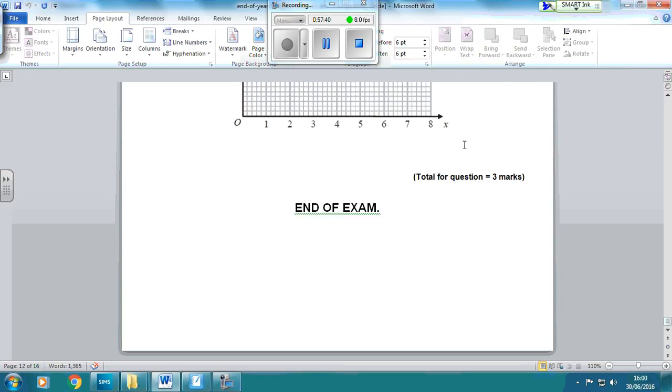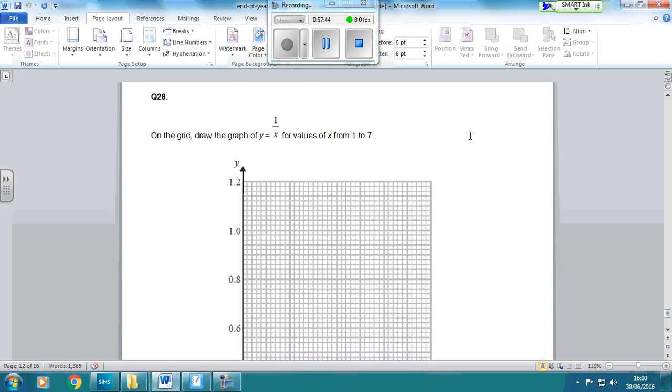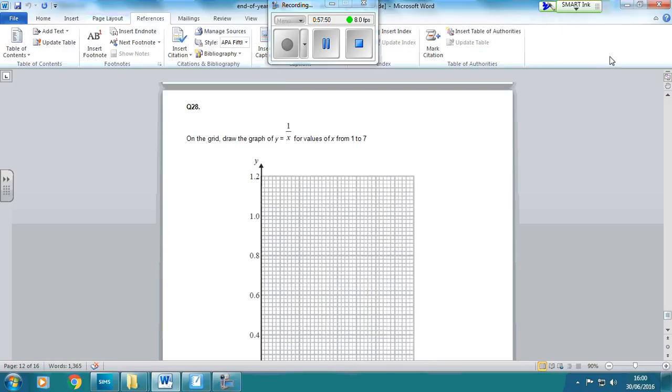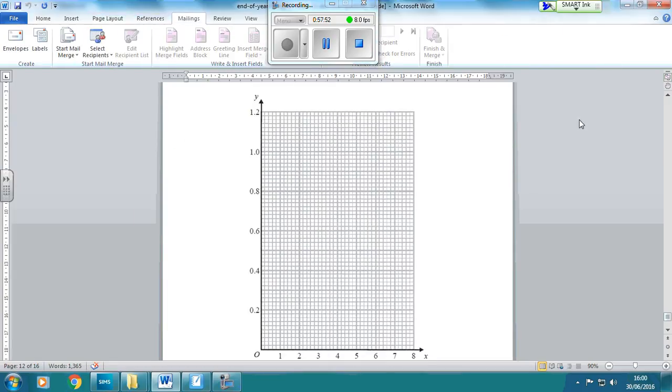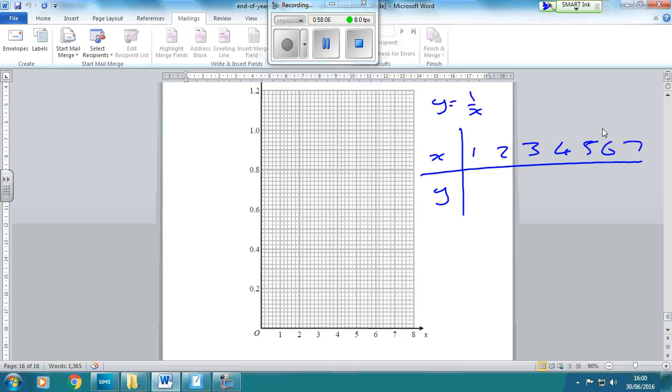Okay, and then finally, you'll be delighted to hear, we've got to draw the graph of y equals 1 over x for the values of x from 1 to 7. So again, what we're going to do is a table for y equals 1 over x, with x as 1, 2, 3, 4, 5, 6, 7.